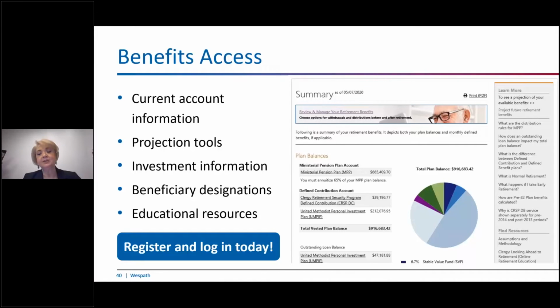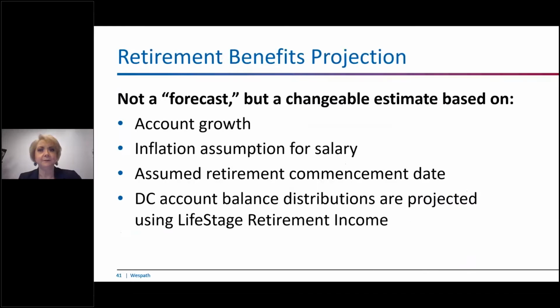That's something that you can use to determine, maybe you're retiring in 10 years, 25 years, or maybe even next year. That will show you an approximation of how much your monthly amount would be, again, based on your salary when you retire. So go out there and make sure you've registered for Benefit Access. It's a wonderful, wonderful tool with a lot of information.